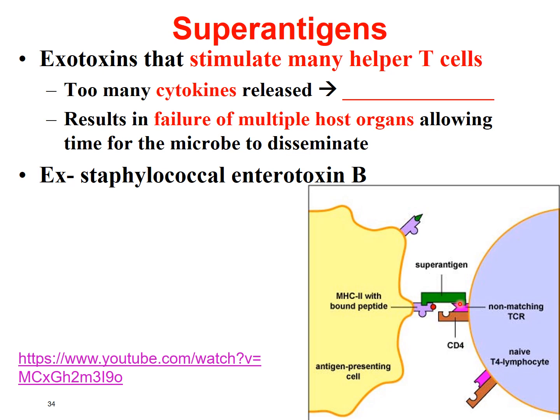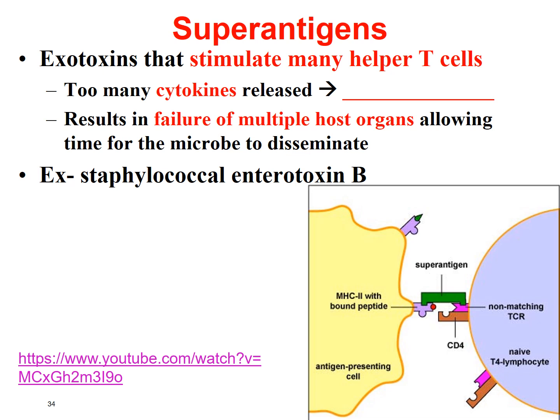And notice that it's not binding where the specific antigen would bind, but it's able to turn on and activate the helper T cell and make it think it's its match, even though it's not. And so the helper T cell becomes activated and starts secreting all these cytokines. So these superantigens can actually activate up to a third of your helper T cells. So you can see how you can very quickly get too many cytokines being released.